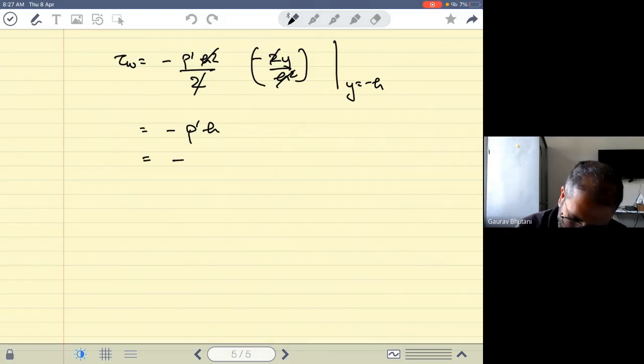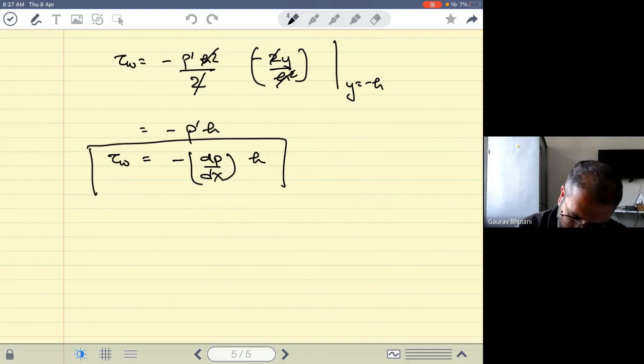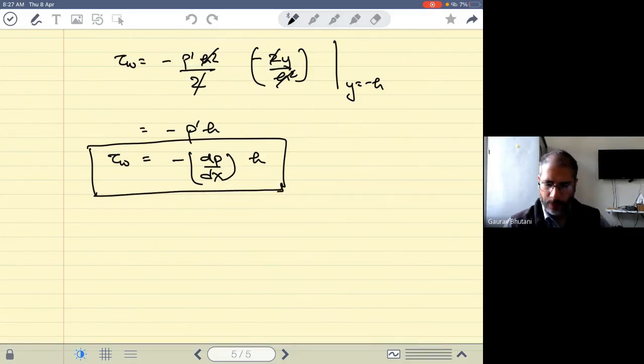This is minus dp by dx times h. Okay, so dp by dx is negative, so this becomes positive, and then you have h.